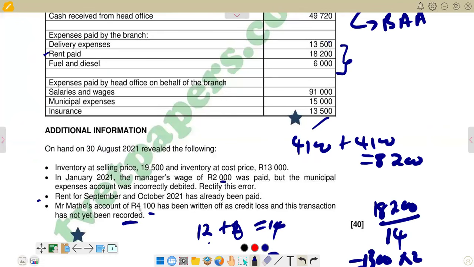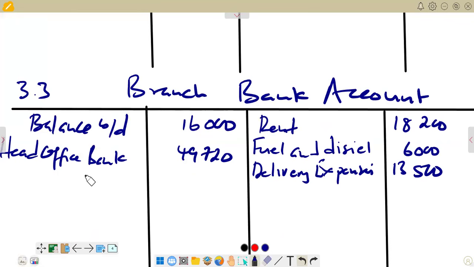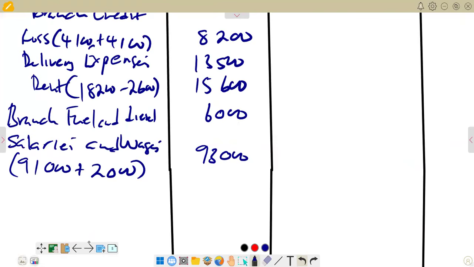We see that there's nothing for insurance, so we're going to put 13,500 as it is in the branch profit or loss. So you're going to pick municipal expenses and insurance and adjust them there. So here we are saying under profit and loss, we have got municipal expenses.